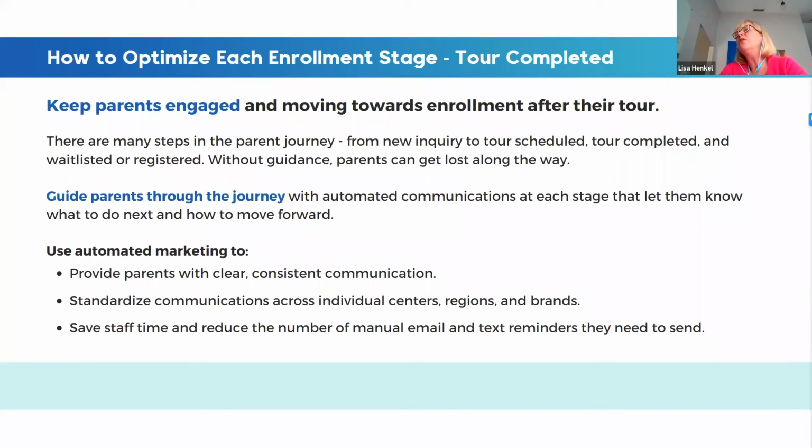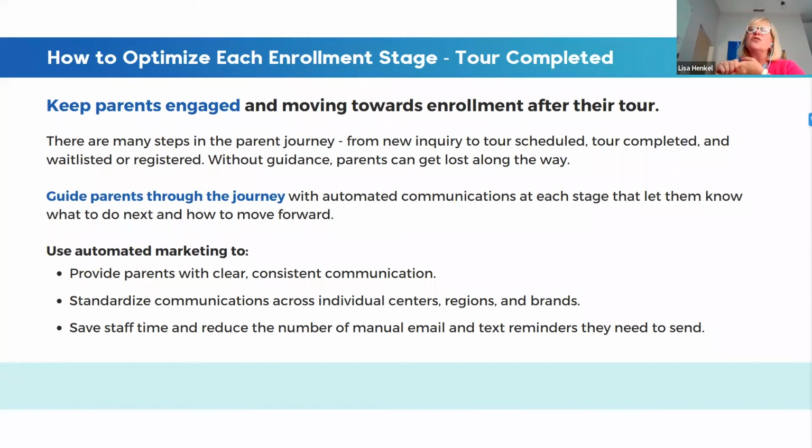And the other thing we want to use this piece of communication for after the tour is helping the parents understand where to go. A lot of times these are new parents. They go on the tour and they don't even know. They're like, okay, what's next? Giving them some prompts, walking with them during their enrollment journey, can be that thing that makes something very different for you, that makes them lean toward you in their decision.